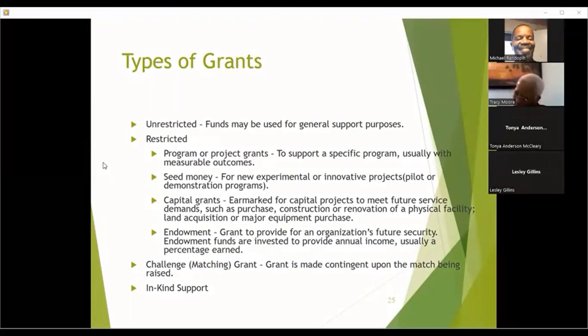For example, if you decide to do an art program and you want money to do an art program for ages 14 to 25, and these are the different things you want to teach, and you get the grant, that's specific to that.